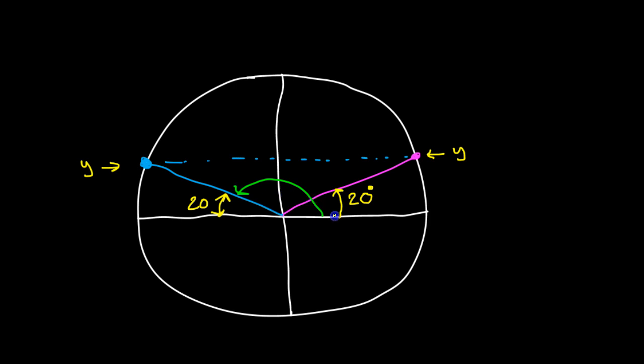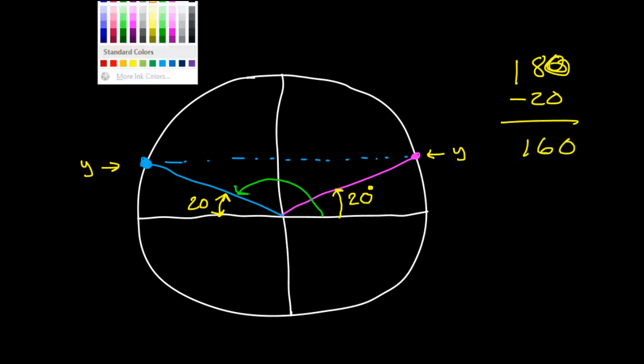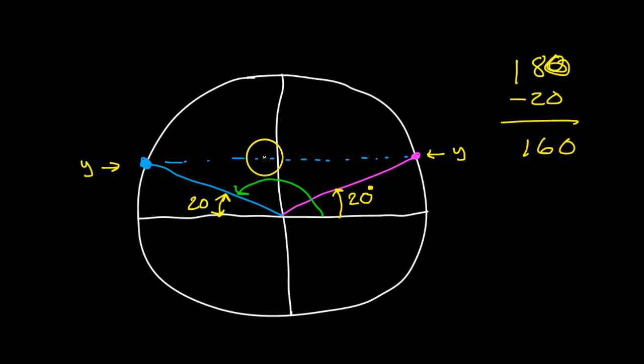Well, hopefully you can see that all I have to do is subtract from 180. So if I do 180 minus 20, that's going to give me 160. So that tells me that this green angle here must be 160 degrees.